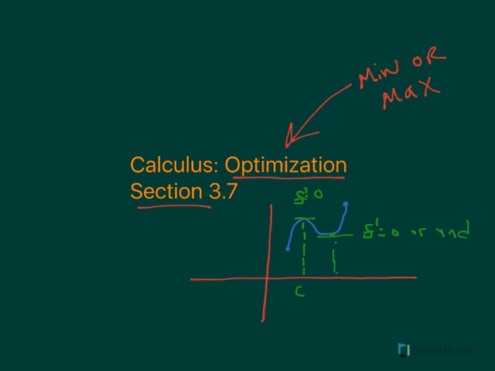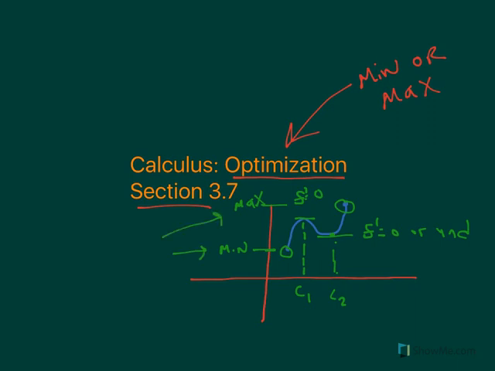And then we also need to sometimes examine the endpoints. So you could get, for example, this endpoint right here is at the lowest point. That's a min. And this endpoint here is technically the max. So these would be the absolute min and the absolute max.